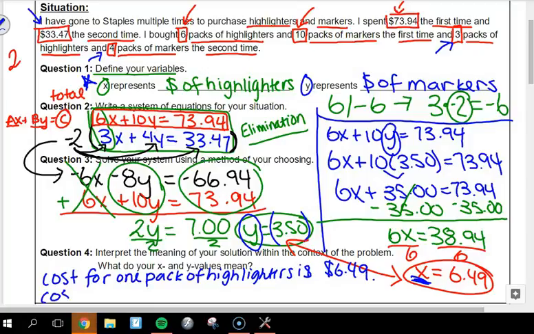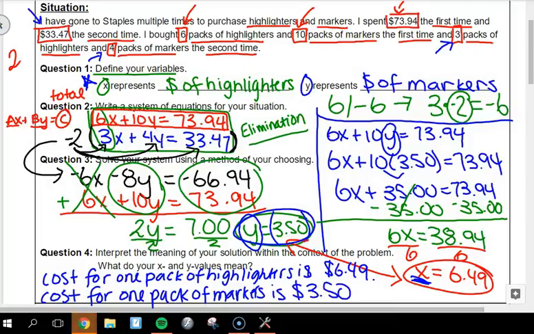We can also do the same for our cost of markers. The cost for 1 pack of markers is, that'd be our cost for Y, which was $3.50. And that's what we want to do. We want to make sure we relate it back to that initial situation.